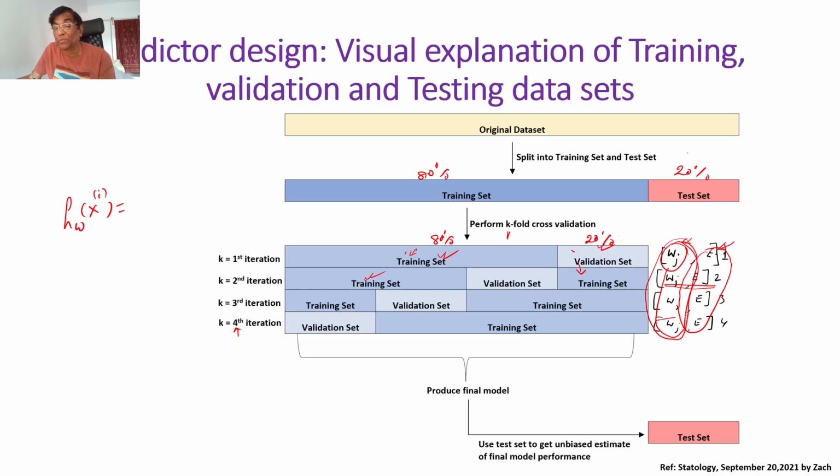If some set of W has very less error, give it more weightage, and like that. And then finally, you design your predictor. Then you can test that predictor, and you will see whether the performance, in terms of error, is good or bad.